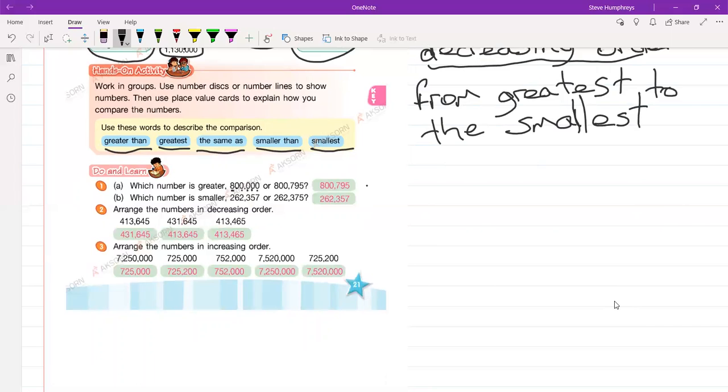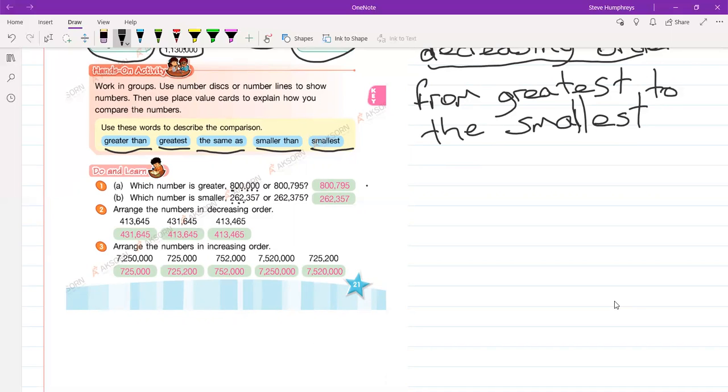Okay. B, which number is smaller? Do it the same way. Compare 100,000s, 10,000s, thousands. Write the number in the box.